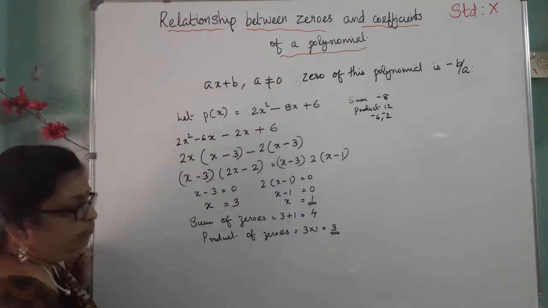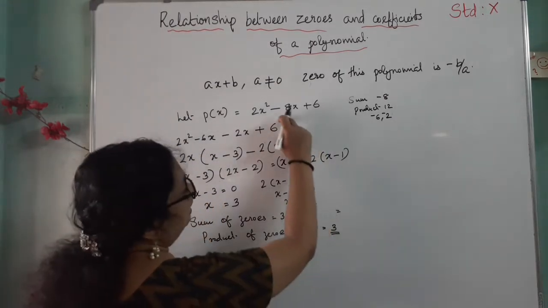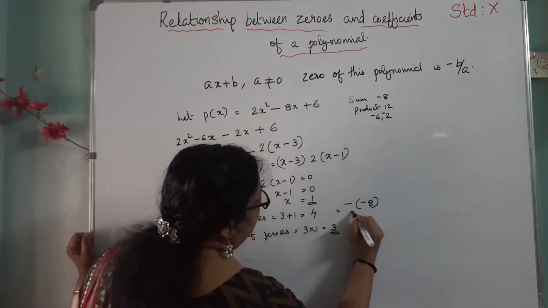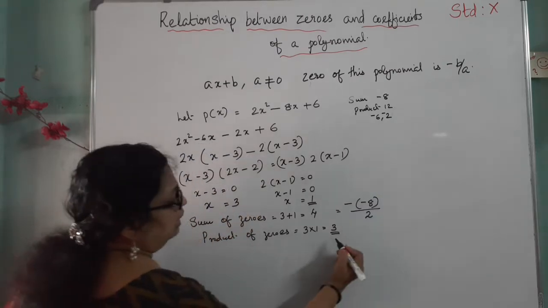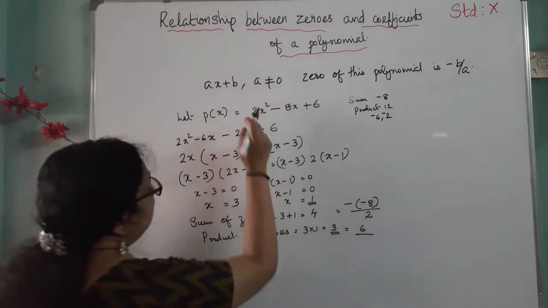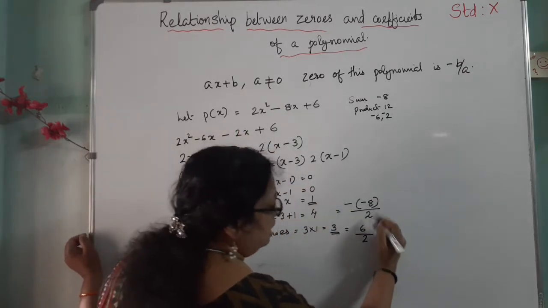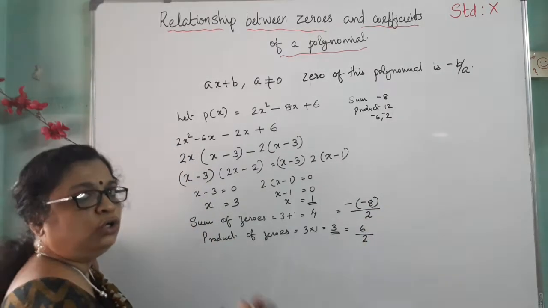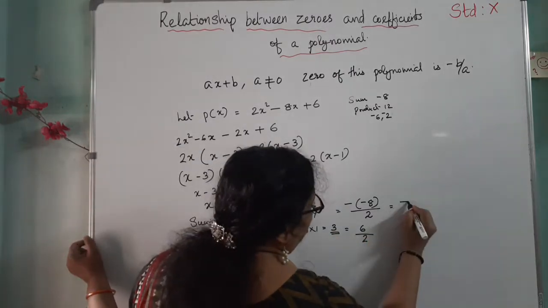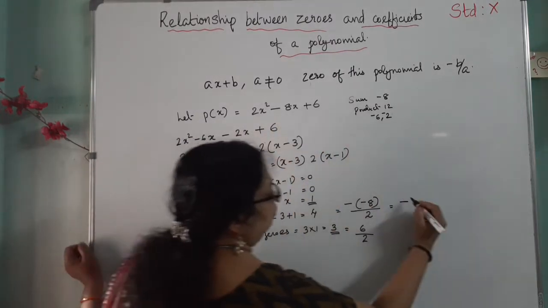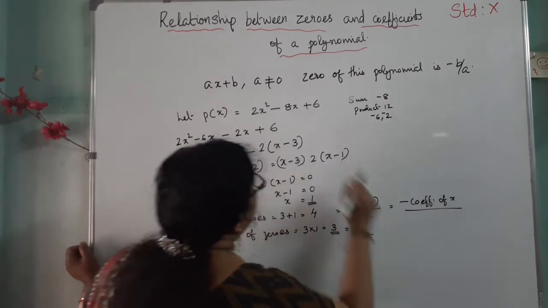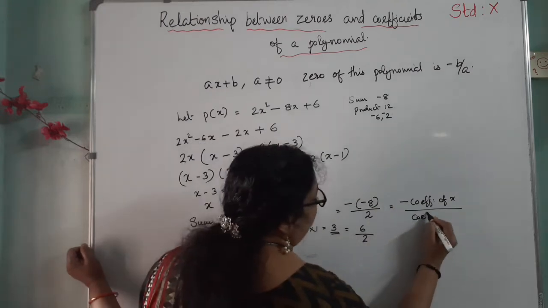Then this 4 we can write as minus of the middle term, minus 8, divided by 2. And this 3 we can write as 6, the constant term, divided by this 2. That is minus of minus 8 by 2, which is equal to 8 by 2, 4. 6 by 2 equal to 3. Here minus 8 is the coefficient of x, divided by 2, the coefficient of x square.